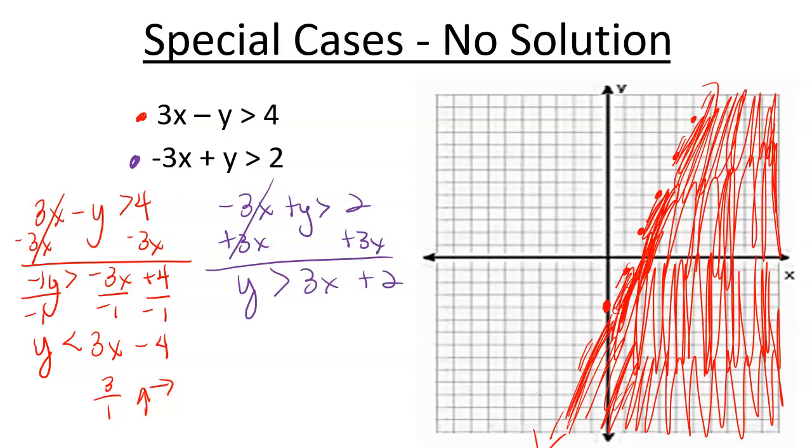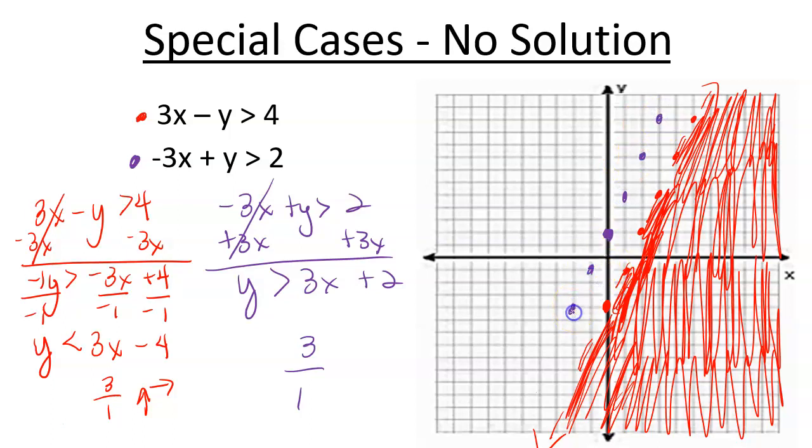So my y-intercept is at positive 2, right here. And then again, my slope is 3 over 1, and it's positive. So again, I'm going to rise 3, run 1. So 1, 2, 3, 1. And I could go backwards.